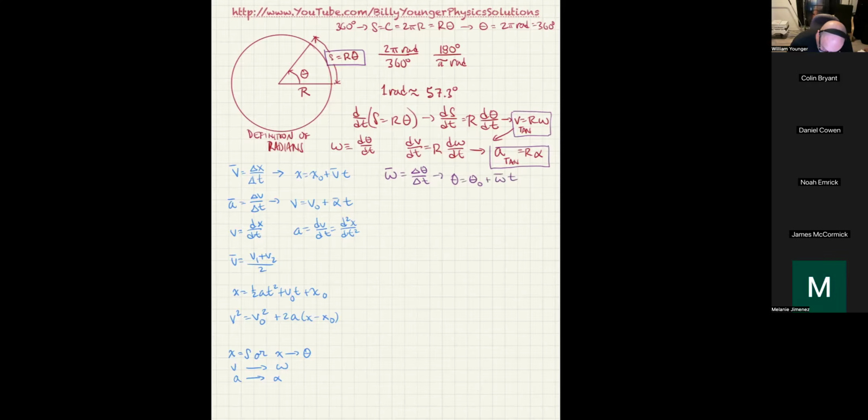Similarly, we get alpha bar is equal to delta omega over delta t, and that gives us, of course, omega is equal to omega 0 plus alpha bar t. Notice again, I'm changing the delta t to just t in those two expressions. We also have omega is going to be d theta over dt.